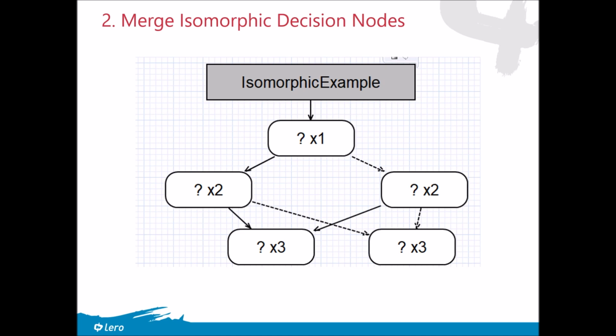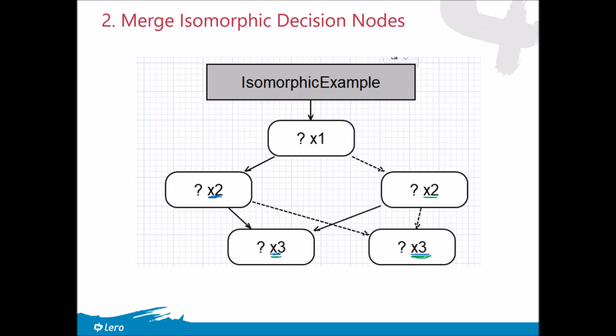What we mean by isomorphic is, as you can see in this example, now x2 on the left has its high pointer going down to this x3, and its low pointer going to this x3. On the right, x2 once more has its high pointer going to the same x3 as the one on the left, and its low pointer going to the same x3 as on the left. Now, these are isomorphic.